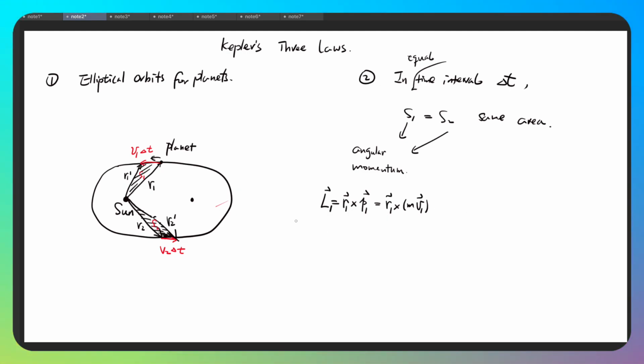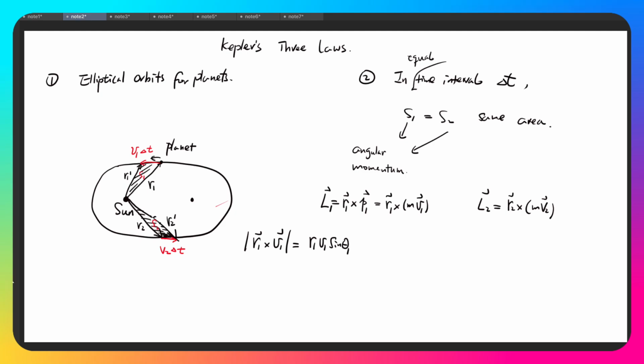Now angular momentum for the second location is similar: R2 cross product mv2. So now think about what is R1 cross product v1. First think about its magnitude. Magnitude is equal to R1 magnitude, v1 magnitude, and sine theta 1. Theta 1 is the angle between the two.